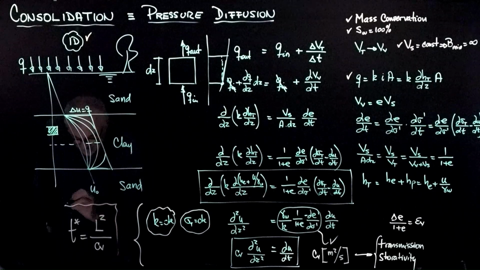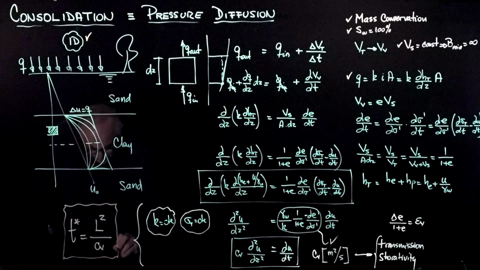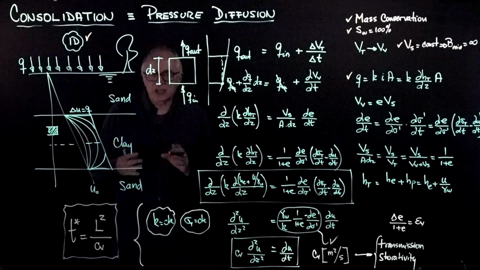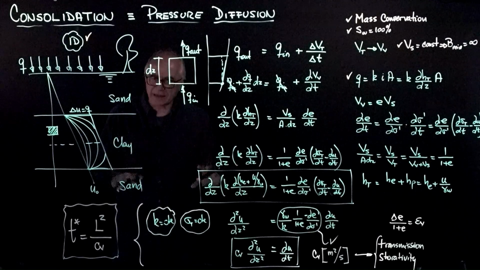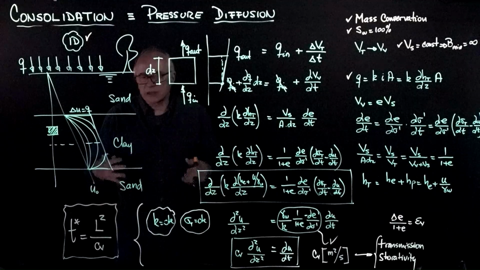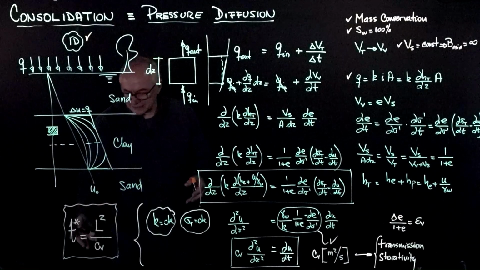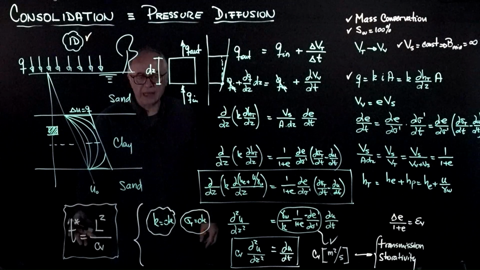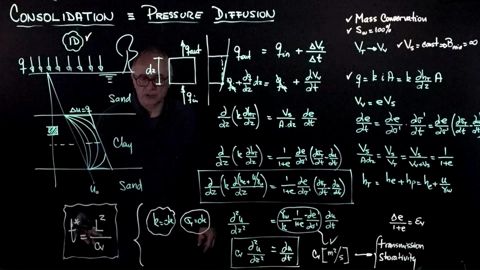And so, if you want to know whether a process will be drained or undrained, check the time it takes to apply the load with respect to this characteristic time. If you apply the load in 1 hour, but the characteristic time for this sponge to squeeze the water out is 1 day, you are going to load pretty much under undrained conditions.